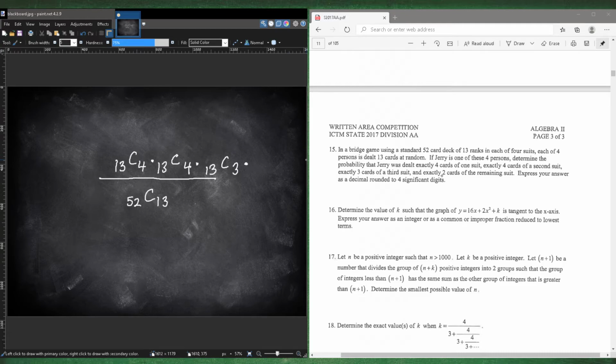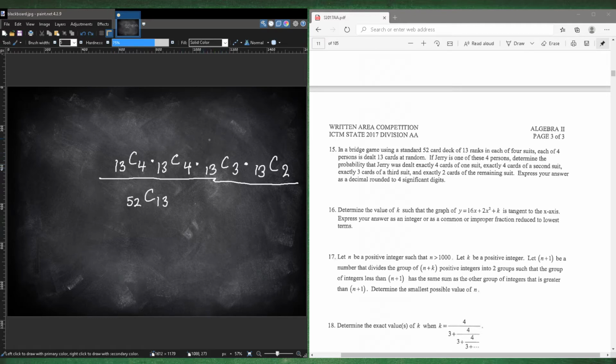And then the last suit, we choose 2 of them, so 13 choose 2. Basically, these give us the number of combinations for 4 cards from one suit, 4 cards from another suit, 3 cards from the third suit, and 2 cards from the last suit. Multiply these all together, and that should give us the number of combinations that work.